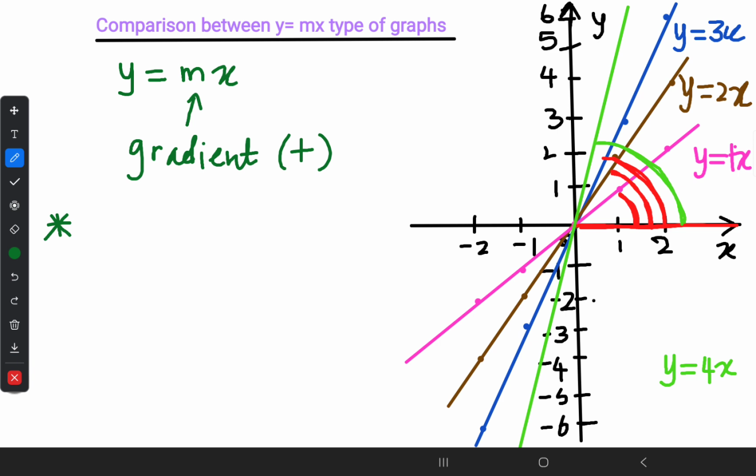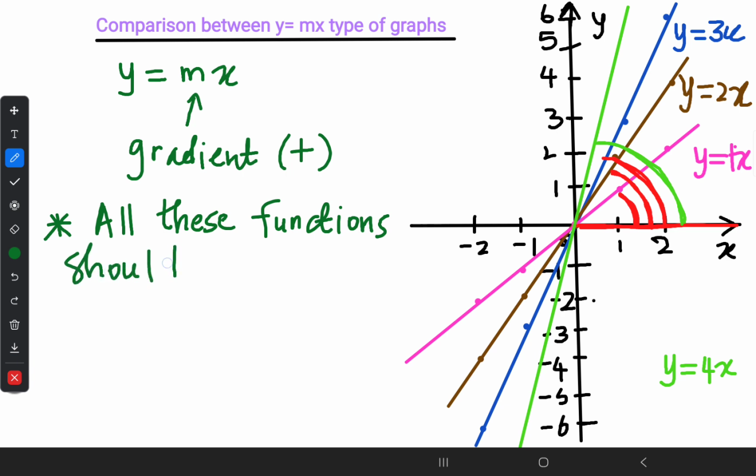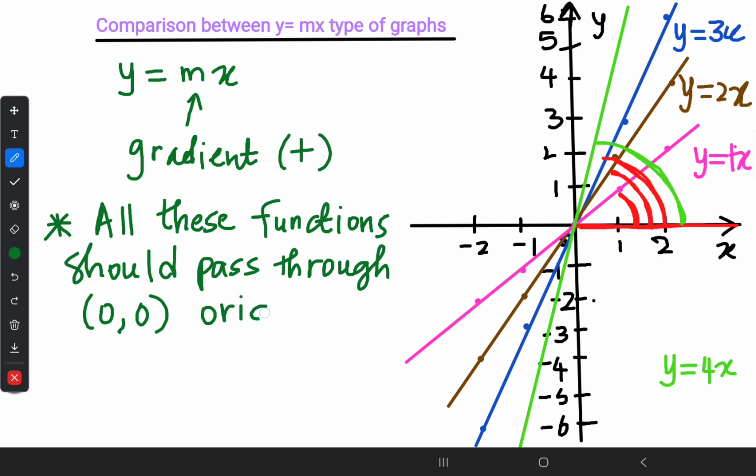So the first observation is all the functions should pass through 0, 0. That means the origin.